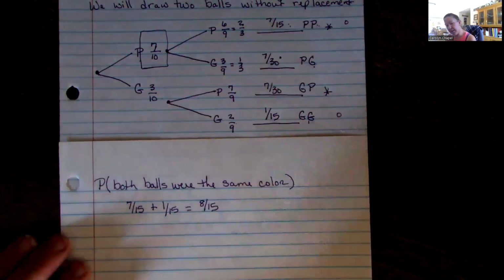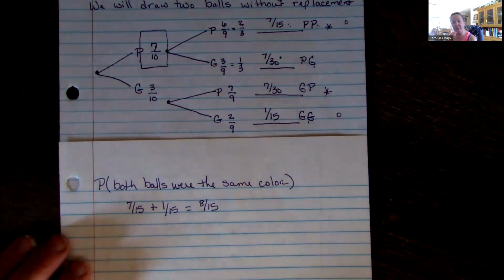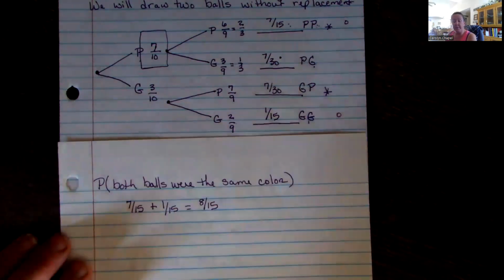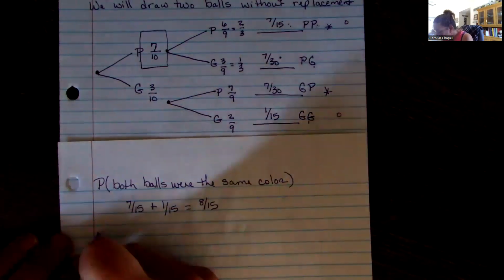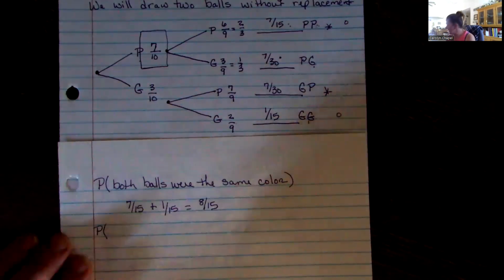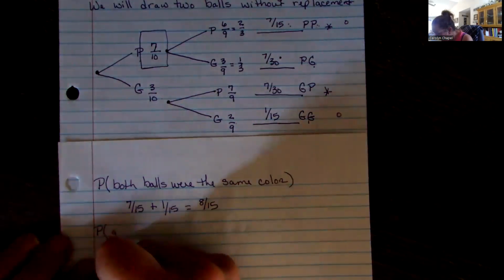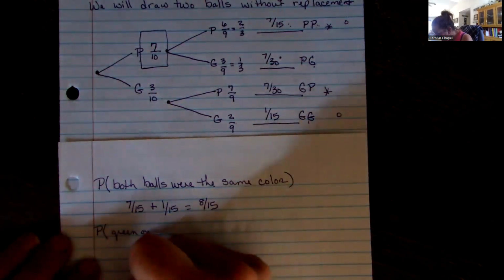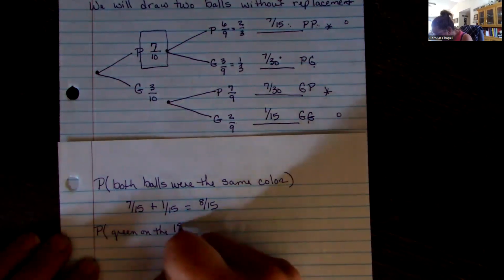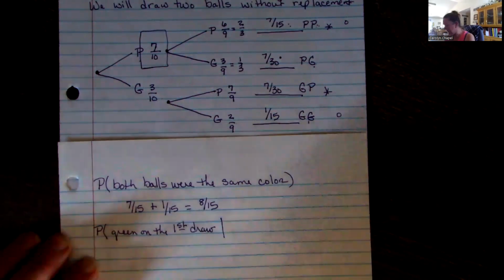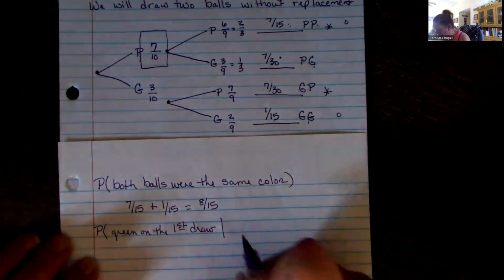But I kind of want to remind us how we think through conditional probabilities using that conditional probability formula. So let's do this example. So let's find the probability that we got a green on the first, given we had a purple on the second.